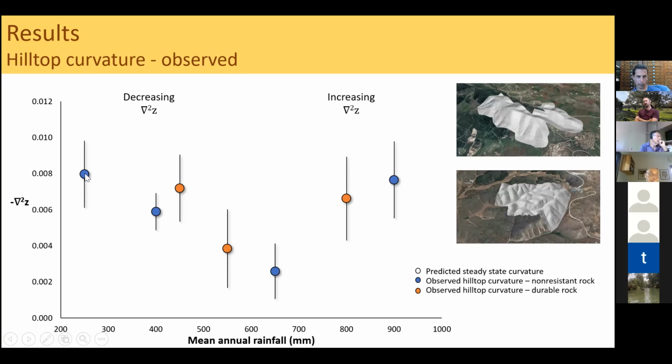If you can imagine walking from the hilltop and starting to walk down slope in the south, it very quickly becomes very steep. And as we go north, for example in Matan Ben Asher, it's a much smoother landscape. But as we go further north, there's some increase again.